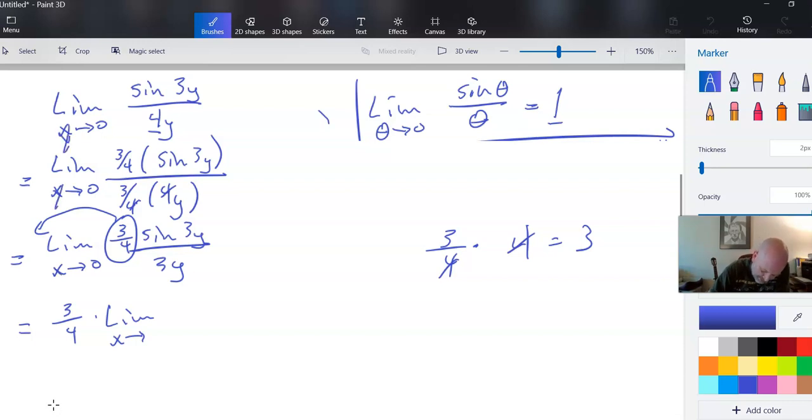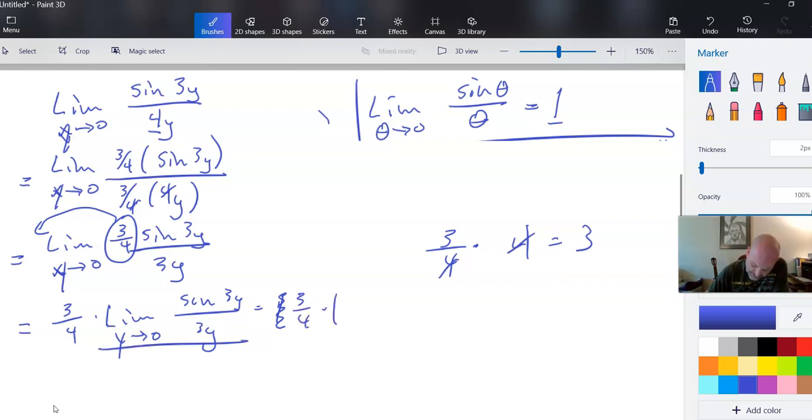Doggone it, those are all y's. Let's just try that again. So the limit as y approaches 0 of sine 3y over 3y, which is 1. Which makes this 3/4 times 1, right? Because it's 3/4, and this whole business right here is just 1. So that means that the answer is 3/4.